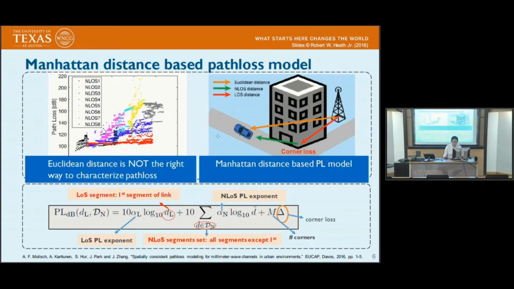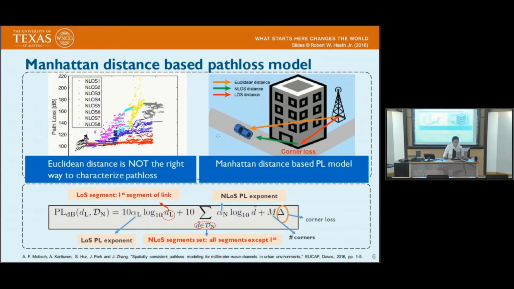So that's why we assume the signal does not penetrate through the building. Instead, it travels along the street, and then it couples into the new direction, which introduces a corner loss at the corner. So Euclidean distance is not the right way to characterize pathloss, and we are adopting the Manhattan distance as the main metric to evaluate our pathloss in this case.